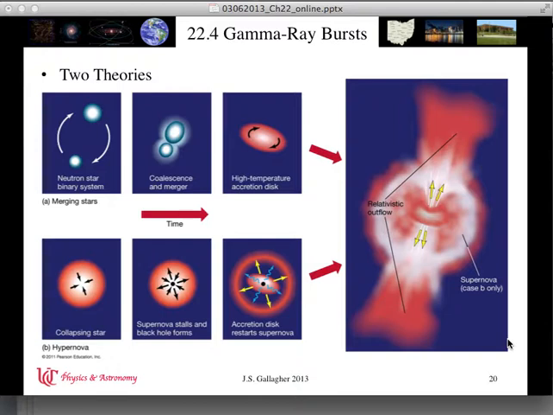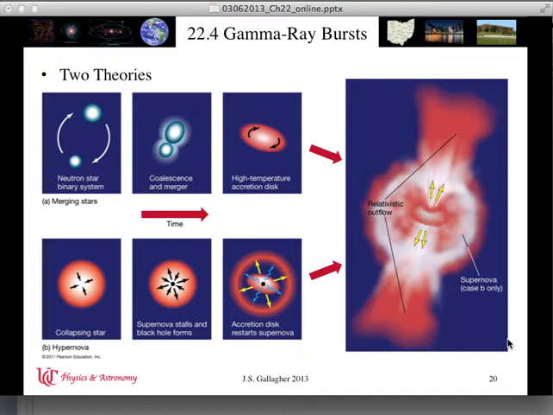It has such a tremendous amount of gravitational pull that the shock wave is stalled as it tries to leave the star, and it results in an accretion disk forming around the black hole. Once again, we get a relativistic outflow moving along the poles, and we get this jet of material. If the Earth happens to be in line of this jet, we would see a gamma ray burst.